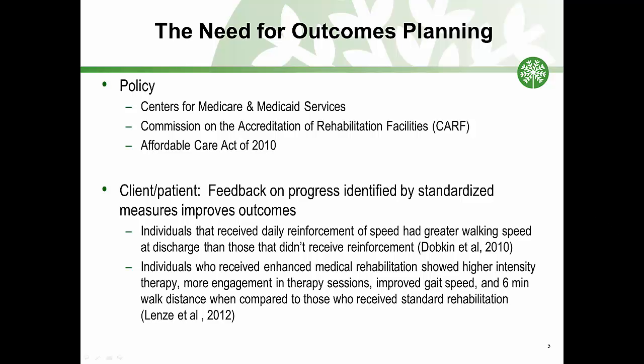The need for outcome planning. Outcome measures are now required by CMS, CARF, and the Affordable Care Act. This reinforces the policy rationale for use of outcome measures, including the Centers for Medicare and Medicaid Services, which is the funded expansion of home and community-based waiver and other programs in states to provide needed services and support to transition to or remain in the least restrictive and cost-effective community-based rehabilitation settings and to prevent or delay nursing home or institutional placement.